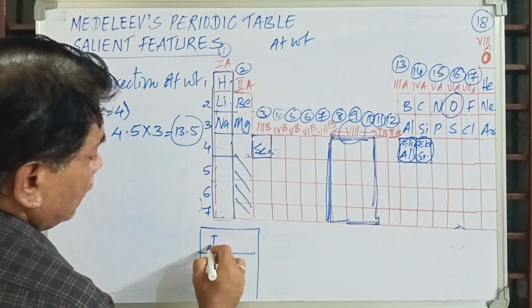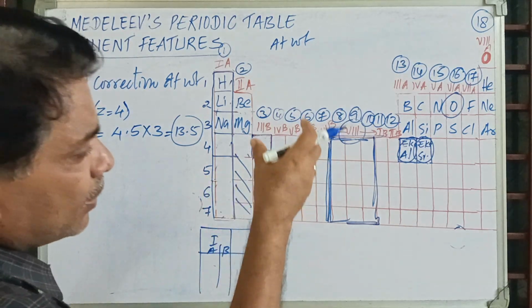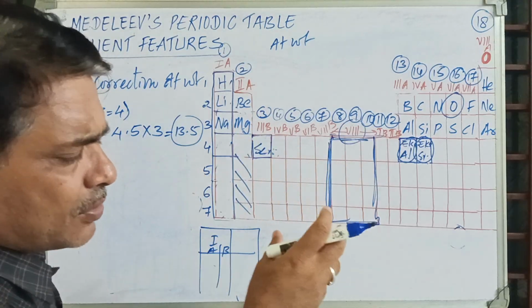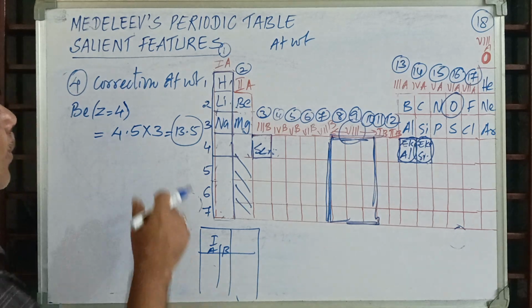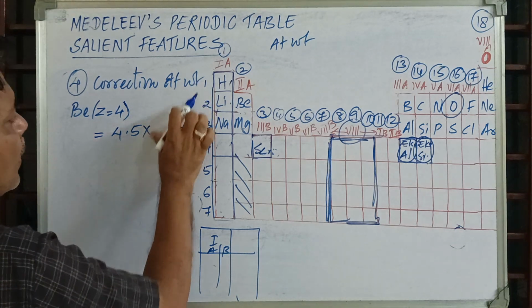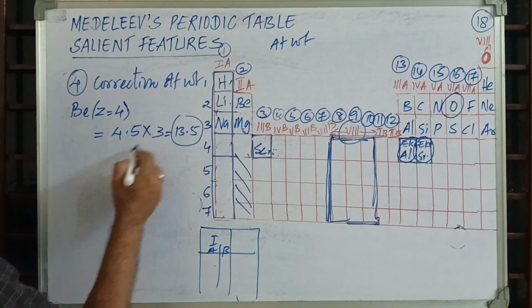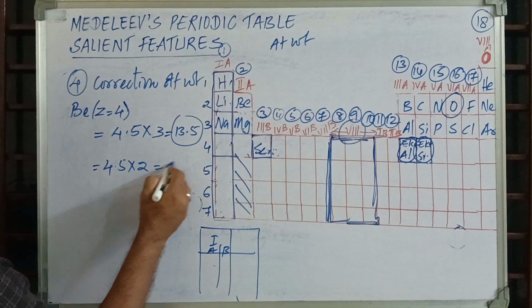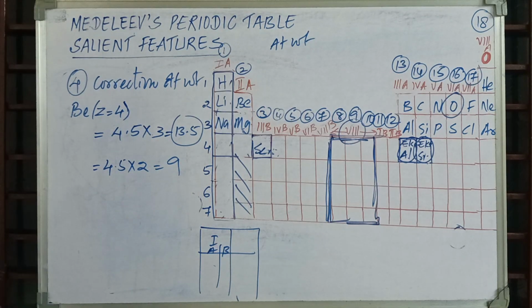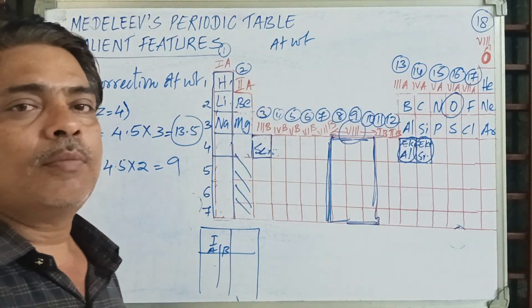Just now I told you, one means it is A and B. So he felt it is difficult, it is not coming in the right direction. Then he came to know that the valency he took was wrong. And finally, we know today the valency of beryllium is 2. So 4.5 into 2 is equal to 9, and we know its weight today is 9. So like that he corrected atomic weights.